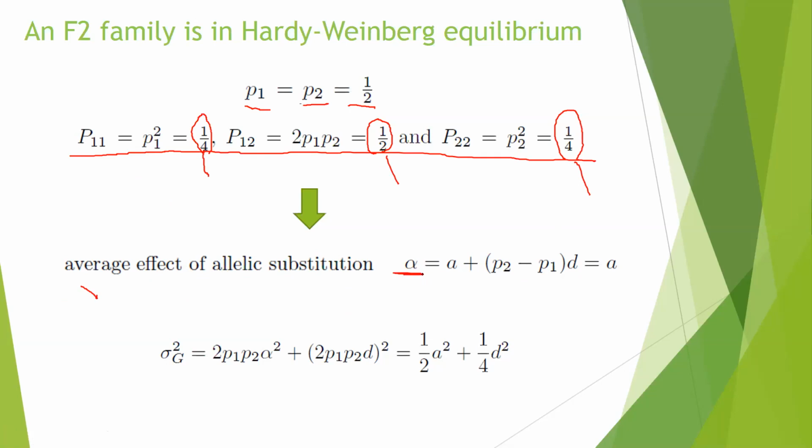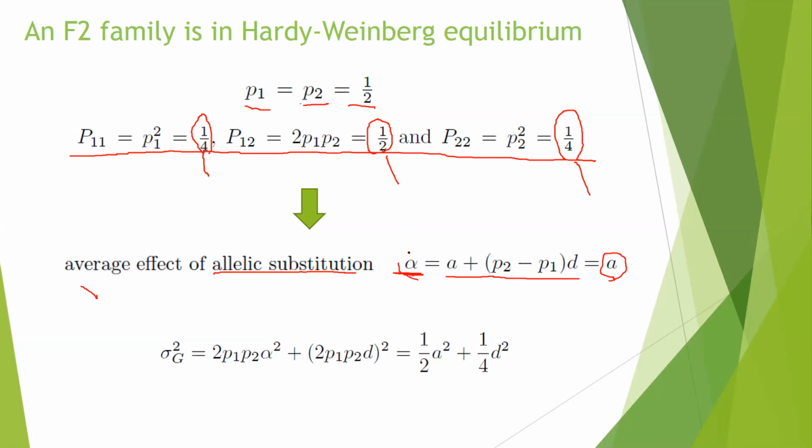Now, if you use the formula to express alpha, which is the allelic substitution effect, and then you replace these numbers with the genotypic frequencies, you're going to simplify this. So in the F2 population, the allelic substitution effect is identical to the additive effect we defined at the beginning.